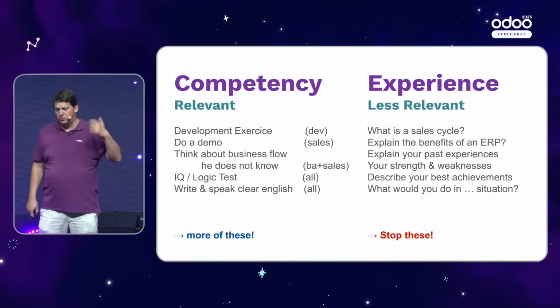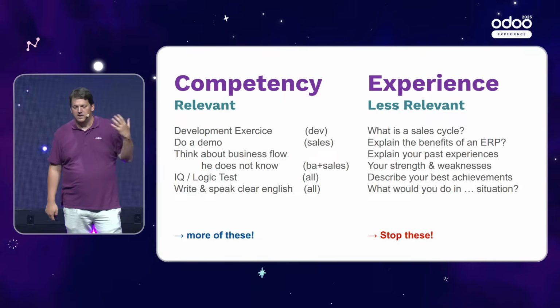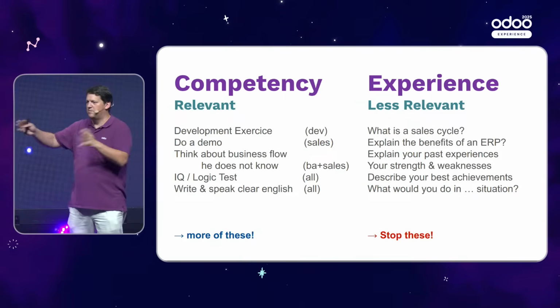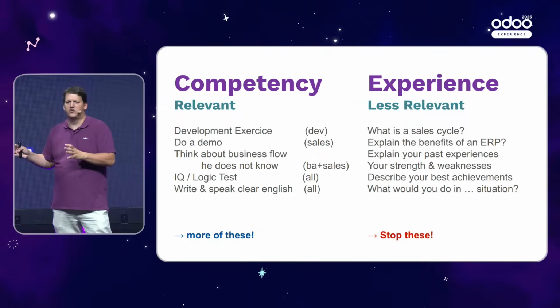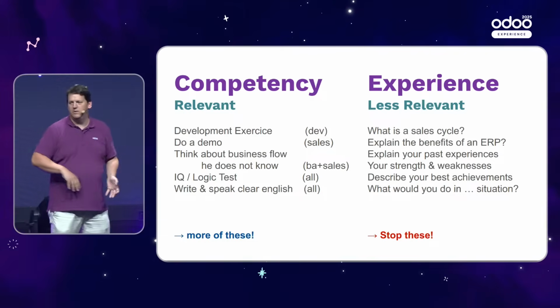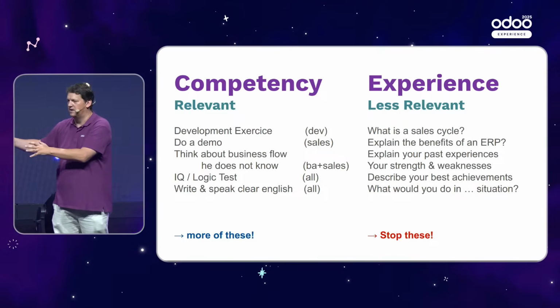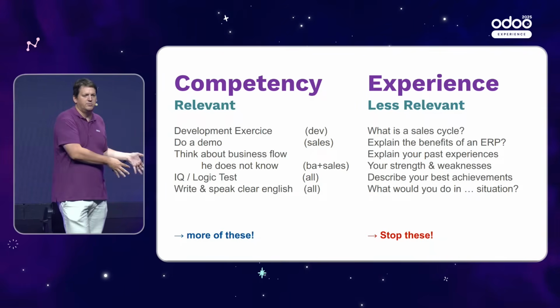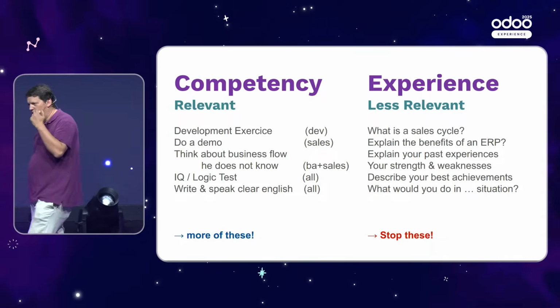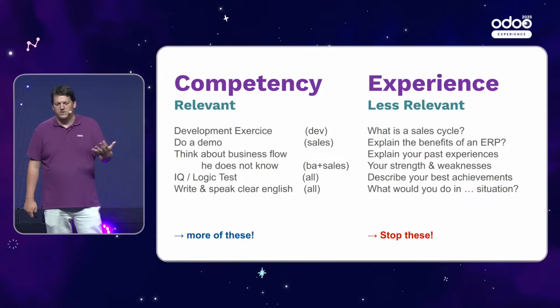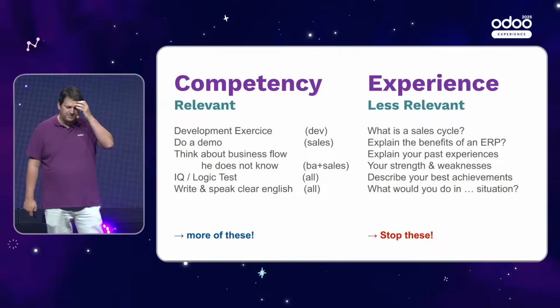If it's a consultant, we'll make him do a demo, but we'll ask him to think about a business flow. We try to have a business flow that he doesn't know. If he's a specialist, if he already worked in the food industry, we'll ask him something about the consultancies. If he worked in the consultancy industry, we'll ask him a question about the food industry. Why? Because we want to check how he thinks, not if he knows. Because that's where you define the right ones or not.